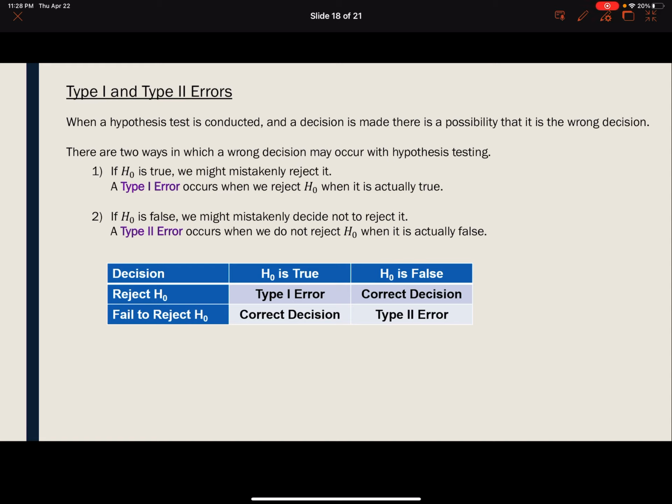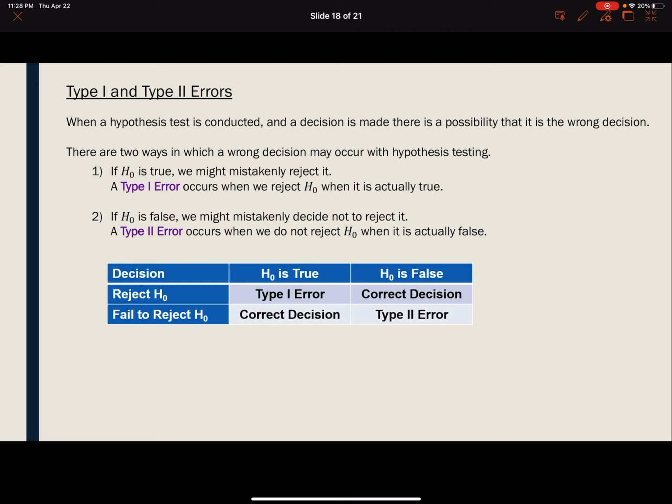And so if we reject the null hypothesis and we say we have evidence against that, but it turns out that the null hypothesis is actually true, then we were incorrect and we made a type 1 error. But if we fail to reject the null hypothesis, we say we don't have evidence against it, then it turns out that the null hypothesis is false, then we've made a type 2 error.